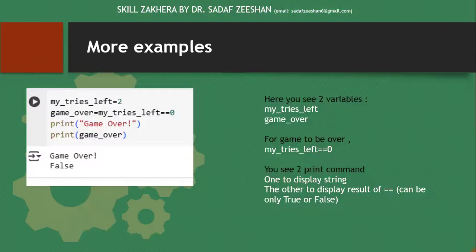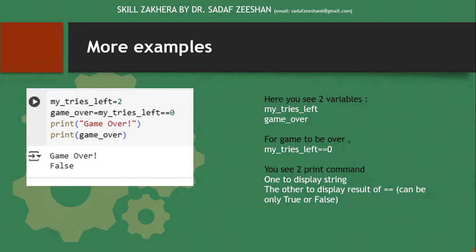Let's look at another example. If I'm playing a game and I have a total of, let's say, 2 tries or 3 tries, I want to see how many tries are left before my game is over. So my tries left is equal to 2, and the game is going to be over when my tries left is double equal to 0.